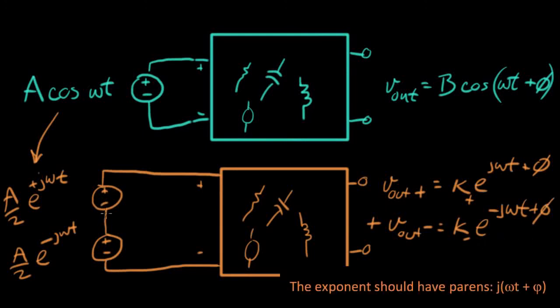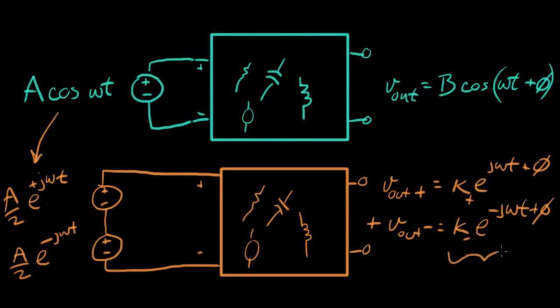So I'm going to put in two exponentials. I'm sure I'm going to get out two exponentials. And now, using Euler's formula, we know how to combine these. We can use that same expression and we can recover our cosine. We can recover the real signal.